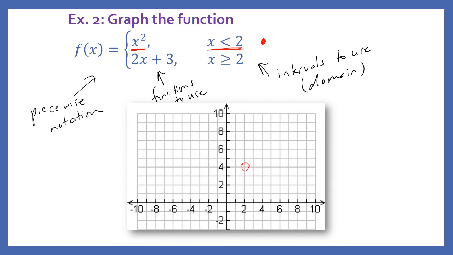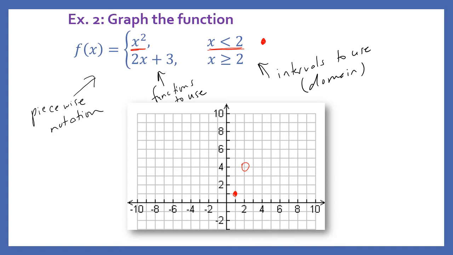Now you can pick all of the numbers, or as many as you want, less than 2. I'm going to stick to whole numbers. So the next whole number less than 2 is 1. And again, we're using the x squared function. 1 squared is 1. Now keep in mind, you only use an open dot at the boundary point, which in this case is 2. Everything else gets closed dots.